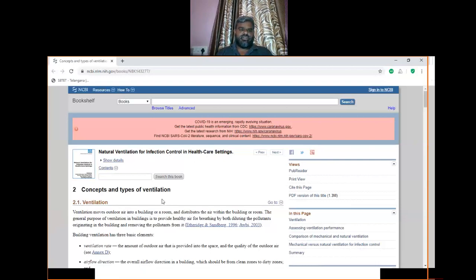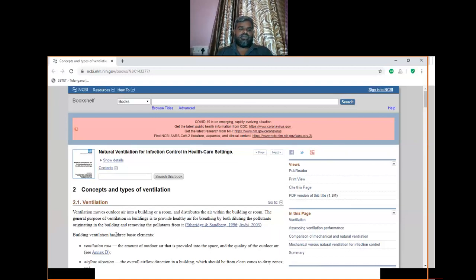Ventilation moves outdoor air into the building or a room and distributes the air within the building or room. The general purpose of ventilation in buildings is to provide healthy air for breathing, both by diluting the pollutants originating in the building and by removing the pollutants from it, right?